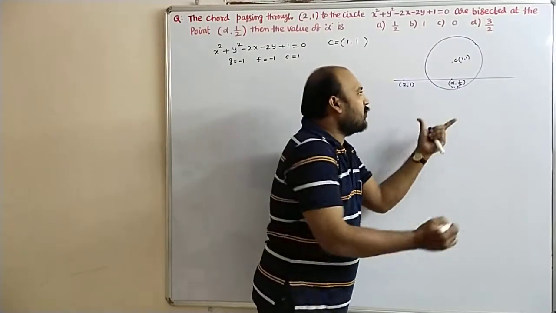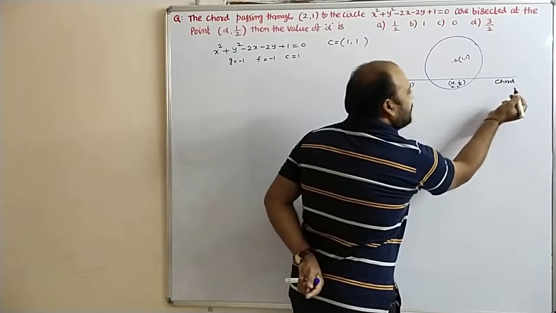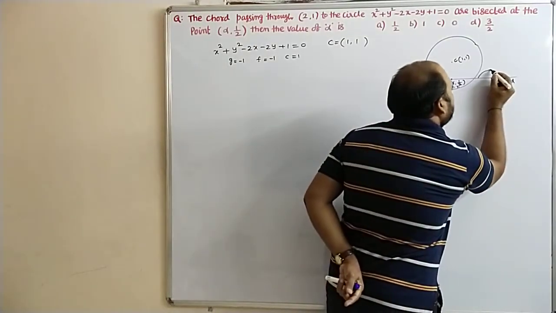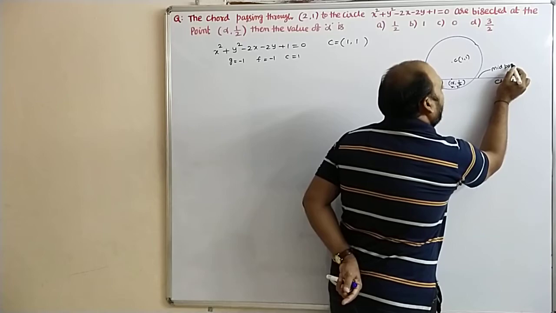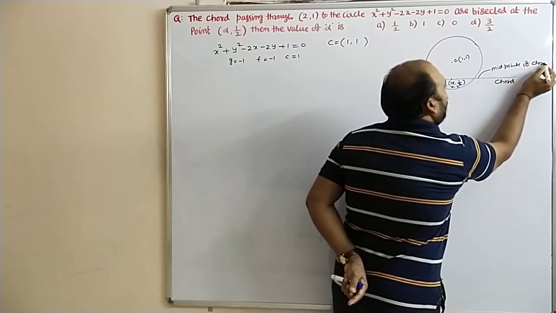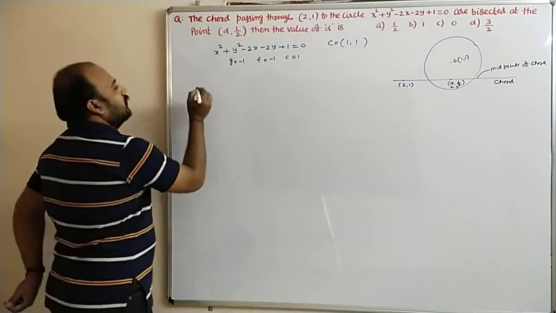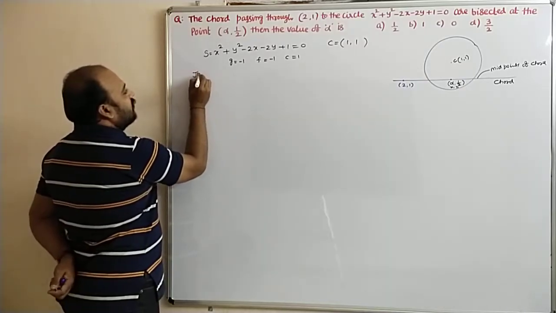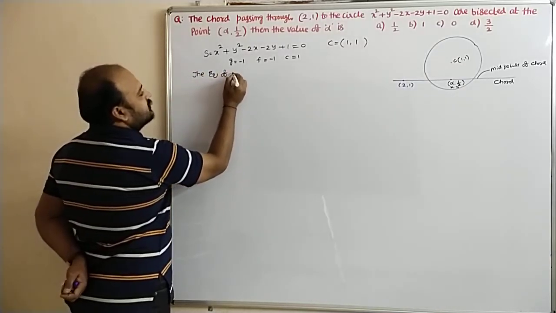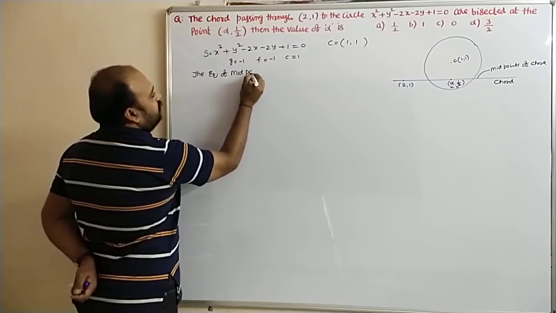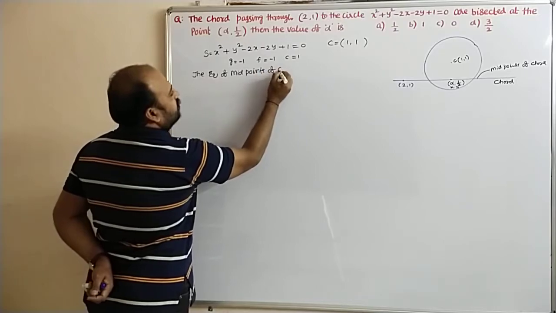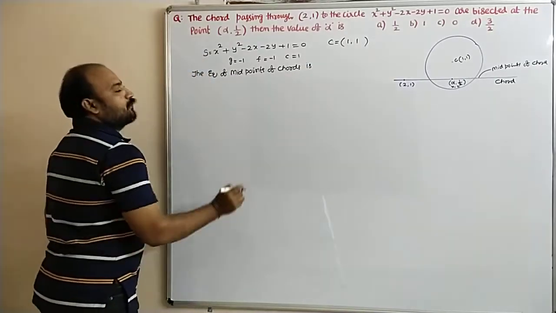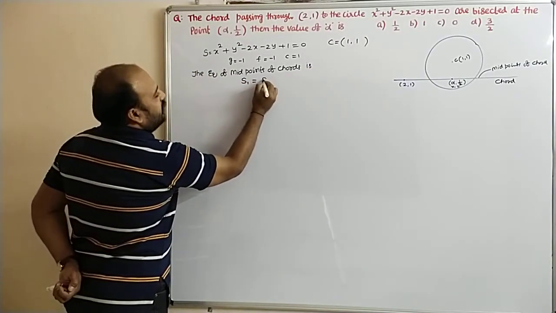By observing this chord equation, this is the chord. This chord is bisected at the point alpha comma 1 by 2. That means it is midpoint of chords. We know the formula for midpoints of chord. Sorry. This is S is equal to 0. The equation of midpoint of chords is S1 equal to S11.